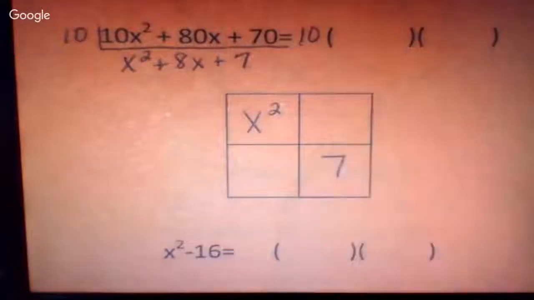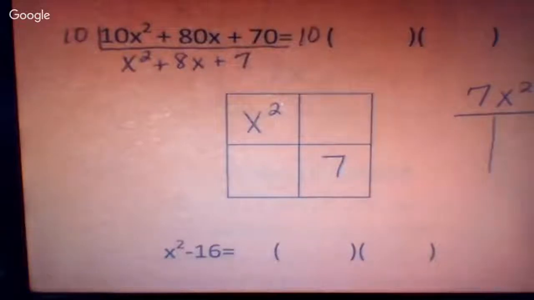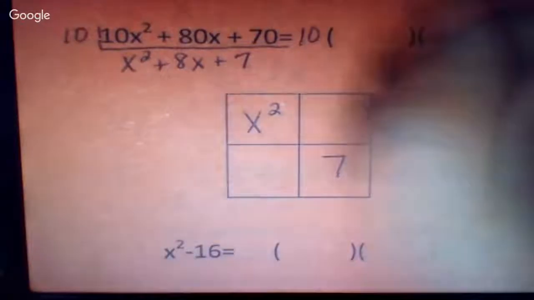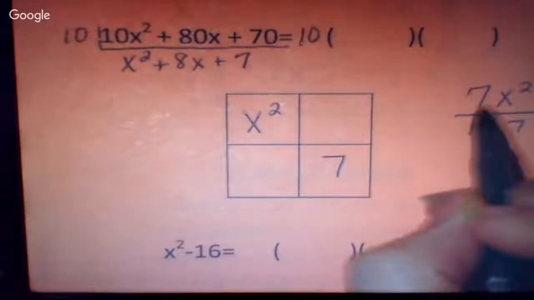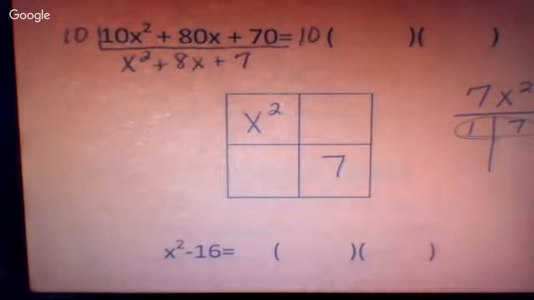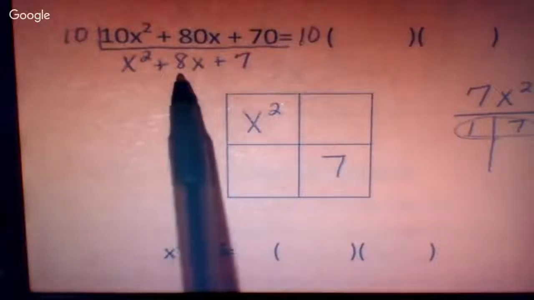Okay, so now I've got x squared and 7. When I multiply that together, I get 7x squared. What are the factors of 7? 1 and 7, that's it. Do they go together to give me 8? Yes. So, because these are positives, your goal is to find factors of this that go together to give me my middle term.